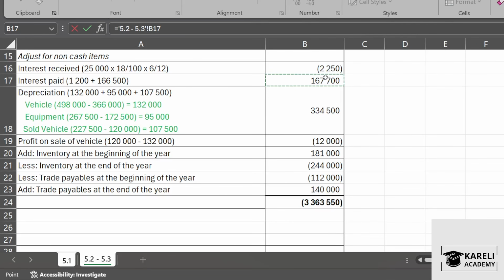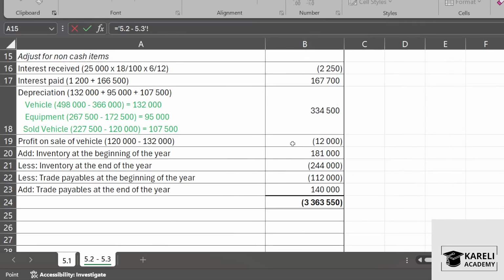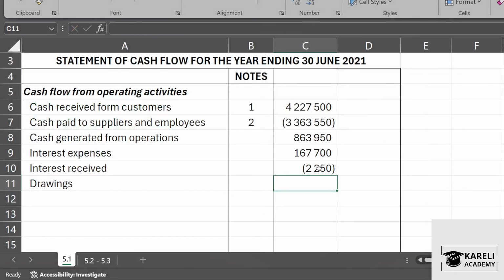That is interest paid. And then interest received, it's also calculated. There it is, 2,250. But now the difference is that in the statement of cash flow, the expenses should be in brackets, meaning you should have this in brackets, and you should have this out of brackets.